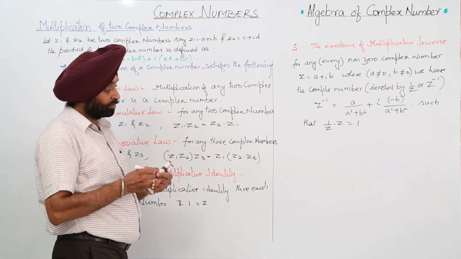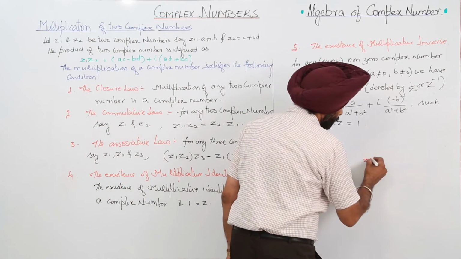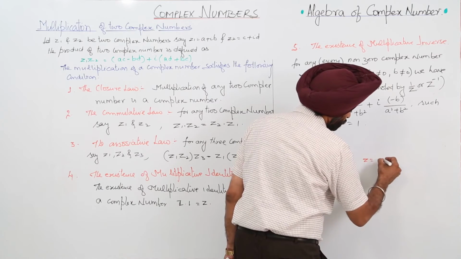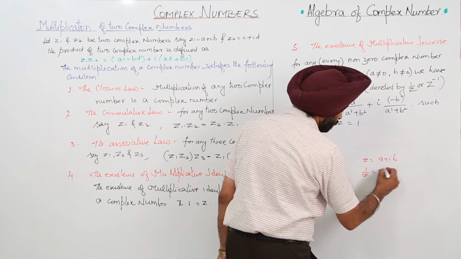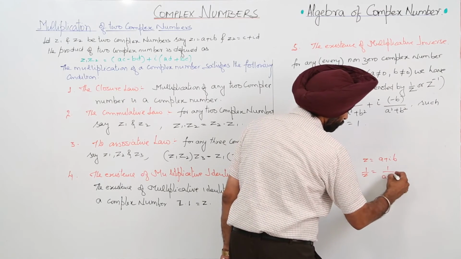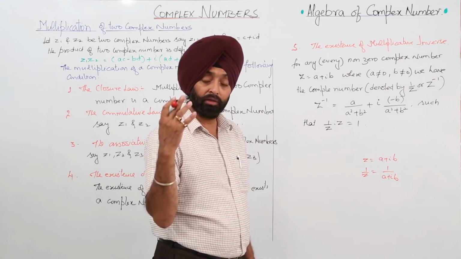Now again I am giving you a very small example. Suppose we are having Z is equal to A plus iota B. Now 1 upon Z will be 1 upon A plus iota B. Is it clear? In the denominator we should not have any imaginary sign.